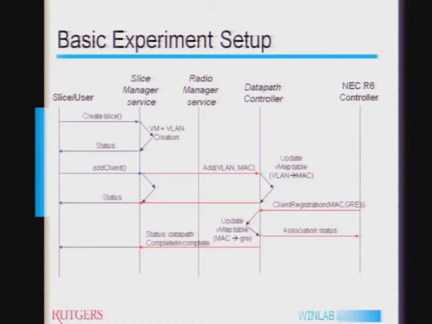And so the radio manager here handles that? Yeah. So what happens if the base station's already overloaded? At what point does the person who created the slice find that out?